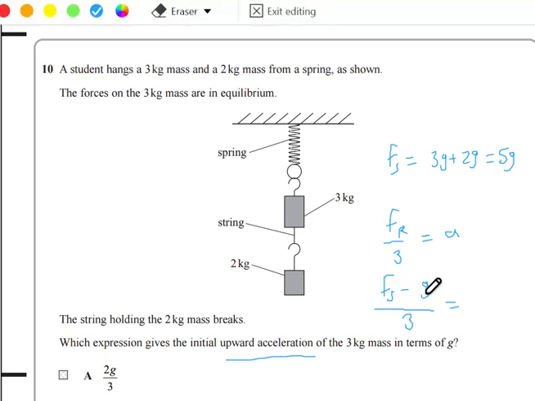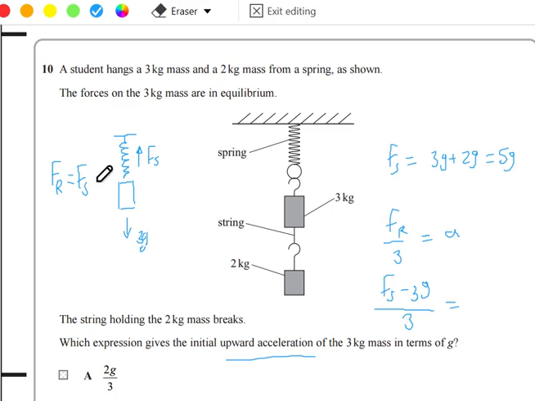The force is here downward, so it is, let me draw it. After removing the 2 kilogram, the resultant force Fr equals the Fs that try to restore the spring minus the weight, which is the weight remained of the 3g.